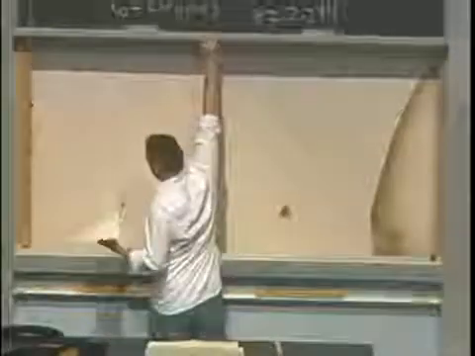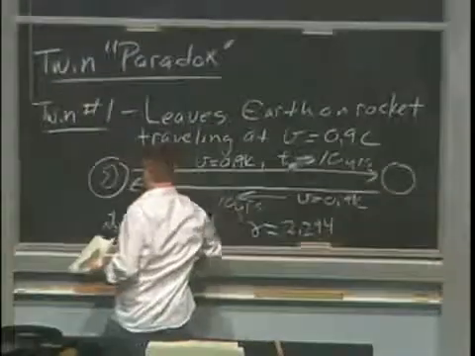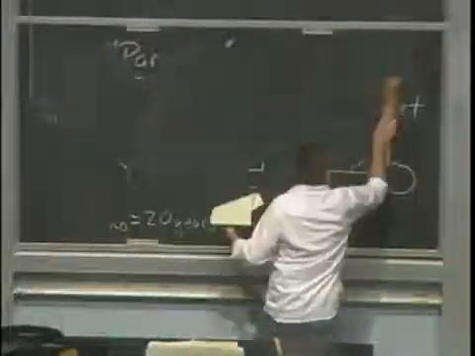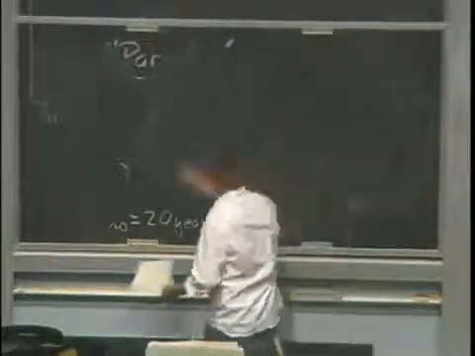Okay, the third one, and the really most interesting one, probably. I don't know, E equals mc squared is pretty interesting. Almost as interesting, comparably interesting, is the cosmic speed limit.